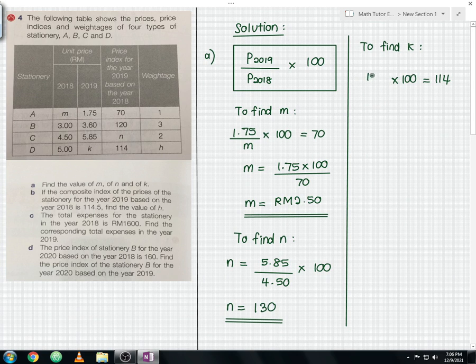This is your K, this is 5.00. Let me underline the fraction. So to find the K, 114 times with 5.00 and you divide with 100.